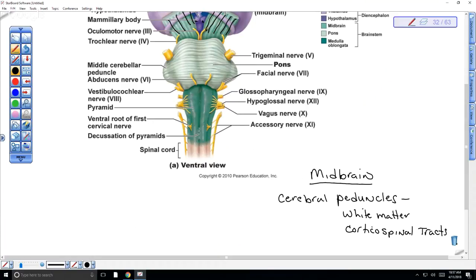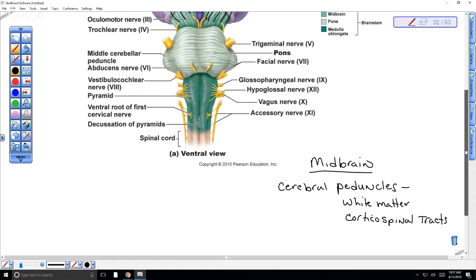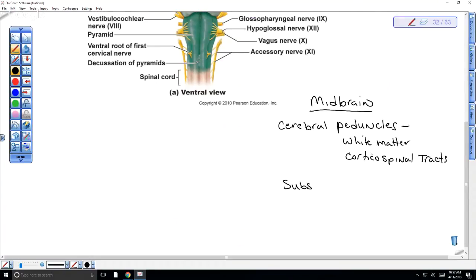Okay. The midbrain also has in it a part that is called the substantia nigra. So what do you think nigra means, like in Spanish? What color? Black, okay? So this is a dark staining object, it's actually a ganglia. But in this case, it's in the central nervous system, so they incorrectly call it ganglia, but it is actually a nuclei.